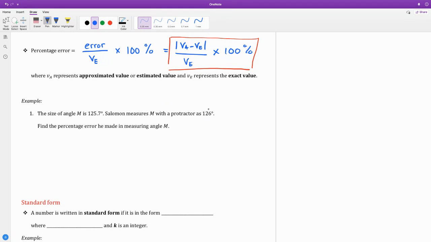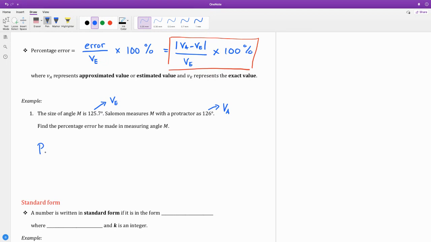So it seems like 126 is the approximate value, because maybe his protractor is not that detailed, so he rounded to 126 degrees. 125.7 degrees is the exact value. Therefore, let's see the percentage error that Solomon made in measuring the angle.